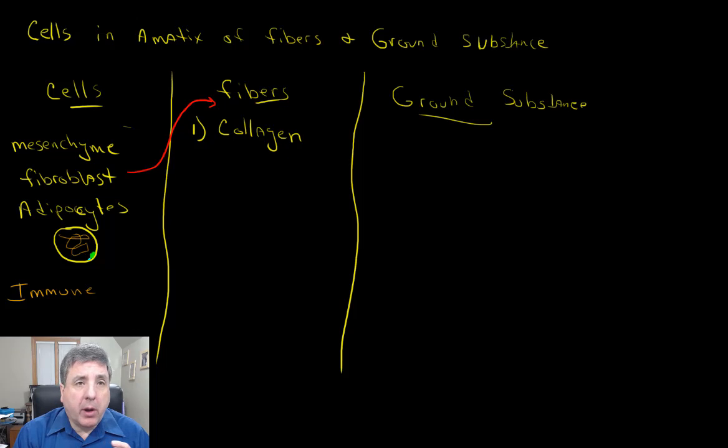So if you were to compare a collagen fiber to a piece of steel of the same size, collagen fibers would end up being stronger than the steel fiber, okay? 25% of your body protein is made up of collagen fibers, and you will find these in tissues like ligaments and tendons, okay? All the fibers are lined up really nice and neat, okay? There's a little wave to them, but that's going to be what collagen fibers are.